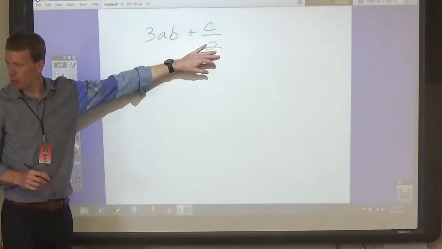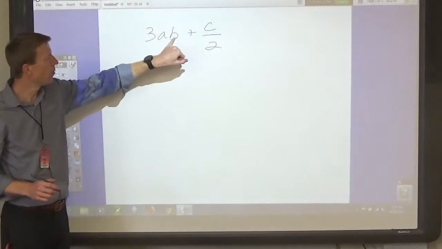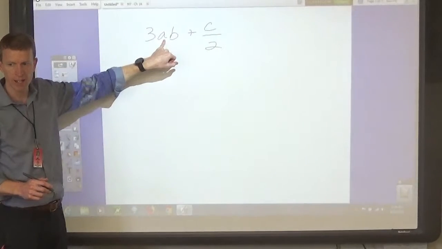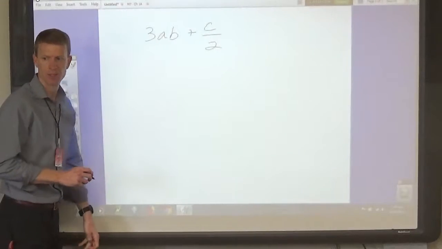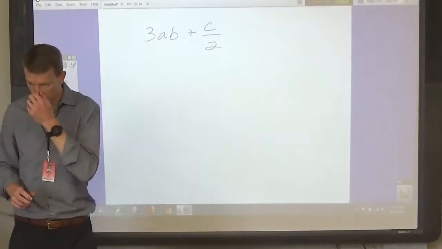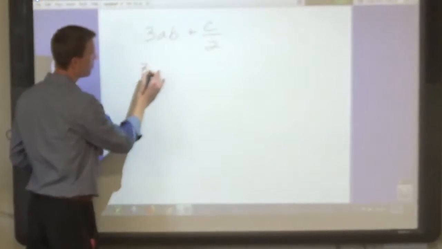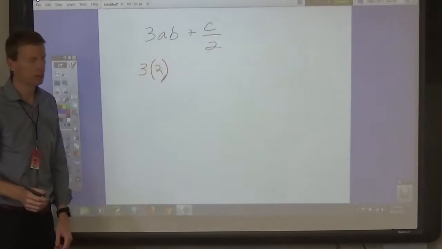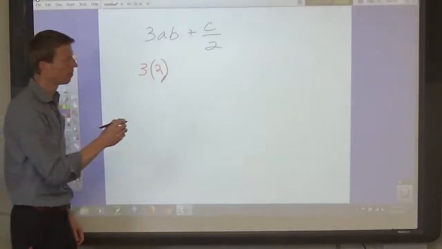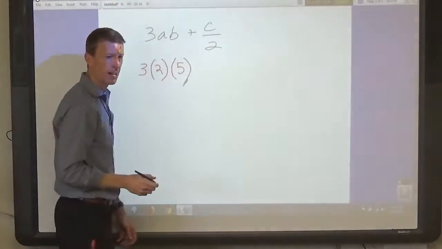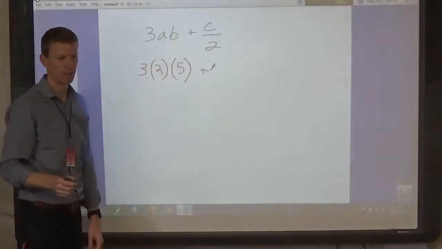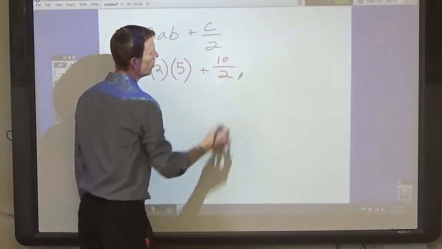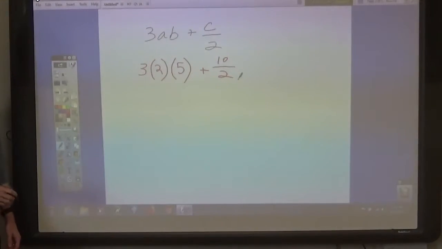Page 14, example 2. What's the value for a? Olivia? 2. So to substitute in 2 for a, you write 3 times 2. What's the value for b? 5. So we put in times 5 plus 10. The value for c is 10 over 2. And then evaluate this to find the answer.